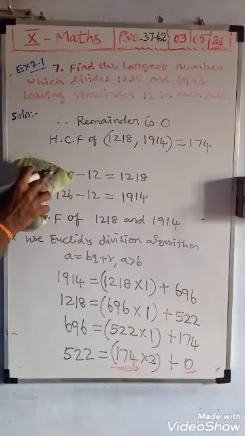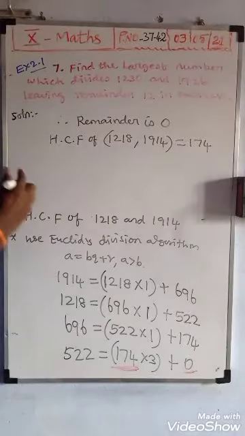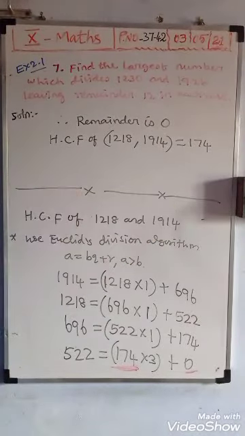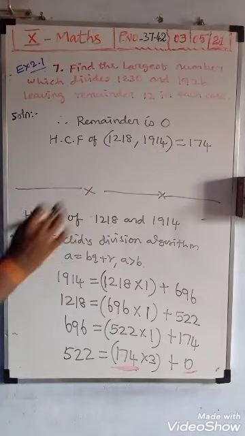Therefore, the question asks to find the largest number. So the largest number is 174.